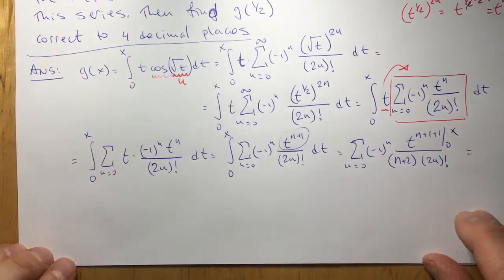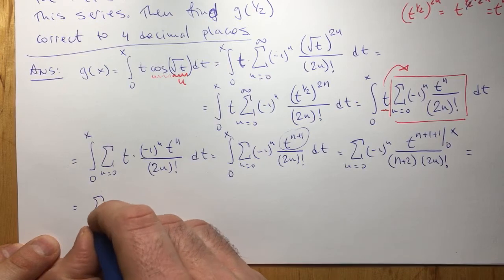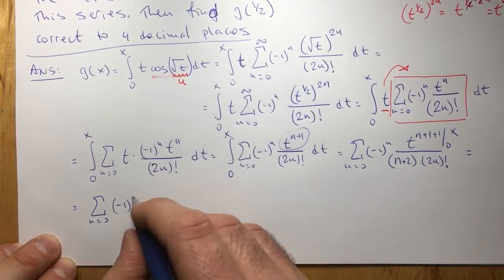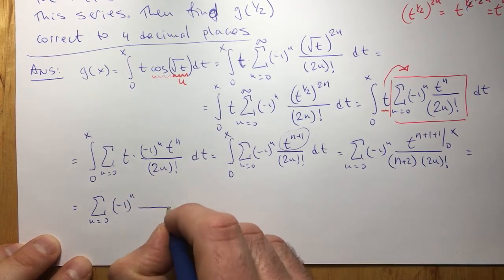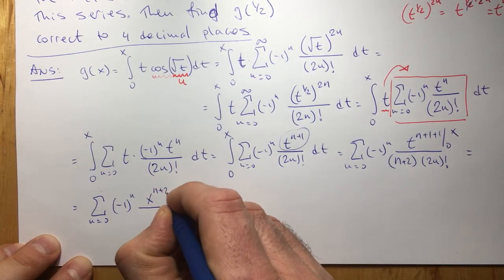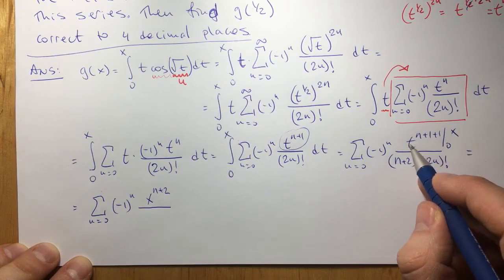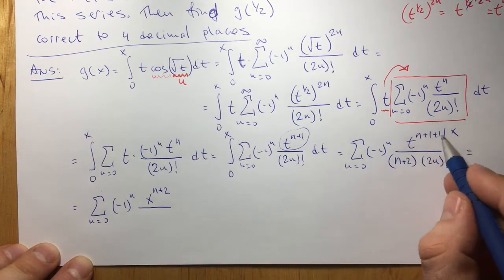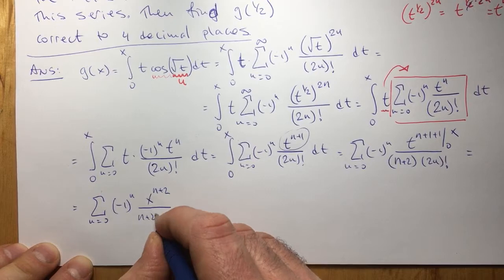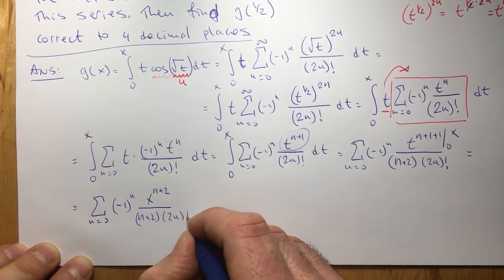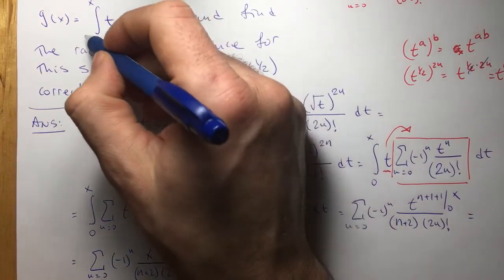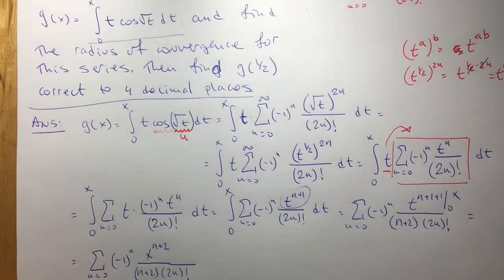I get the infinite sum starting at 0, negative 1 to the power n, t to the power of n plus 2 evaluated at x is x to the power of n plus 2, and if you plug 0 for t, 0 to any finite power that is not 0 is 0, divided by n plus 2 times 2n factorial. And this is the Maclaurin series of the integral given here.